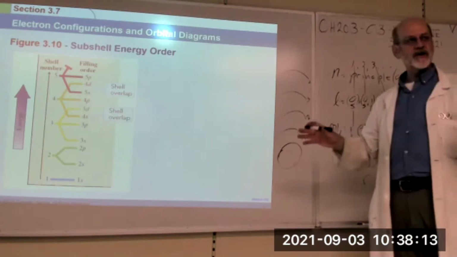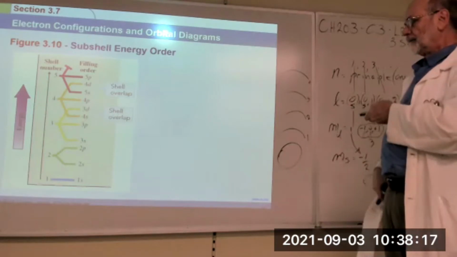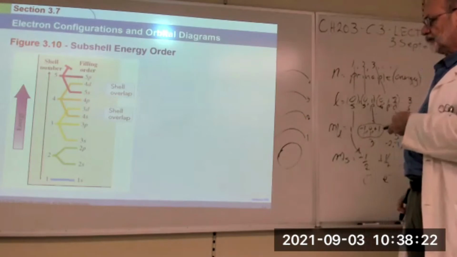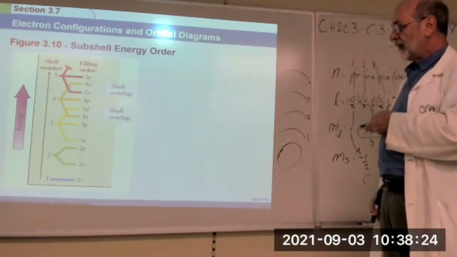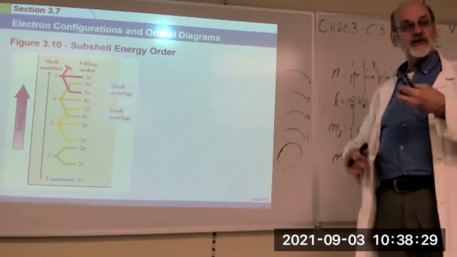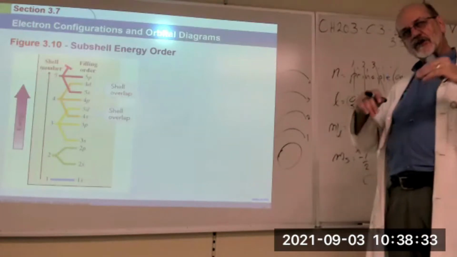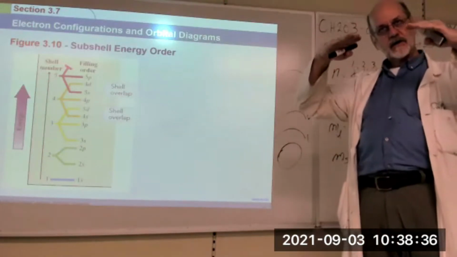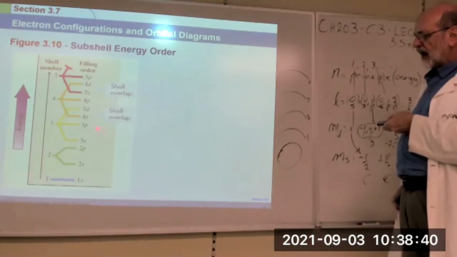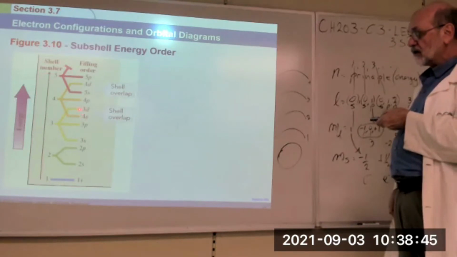And this is all based upon calculations, probabilities, and experimental data to back it up. What you find is that once you start getting more and more protons in the nucleus, more and more electrons interacting with one another in space, they tend to shift the order of energy. So here's an example. Once you get up into the higher levels, the 4s orbital is actually lower energy than the 3d.